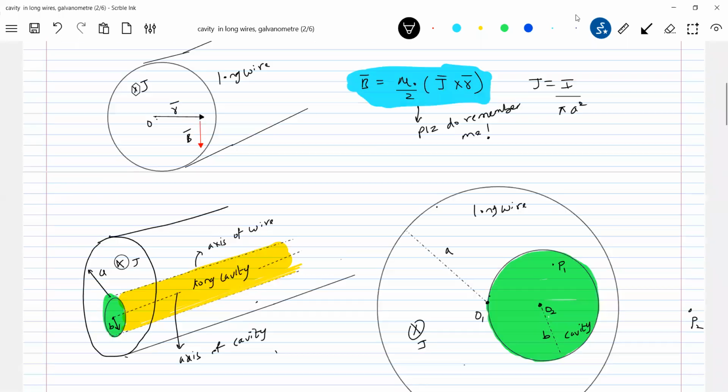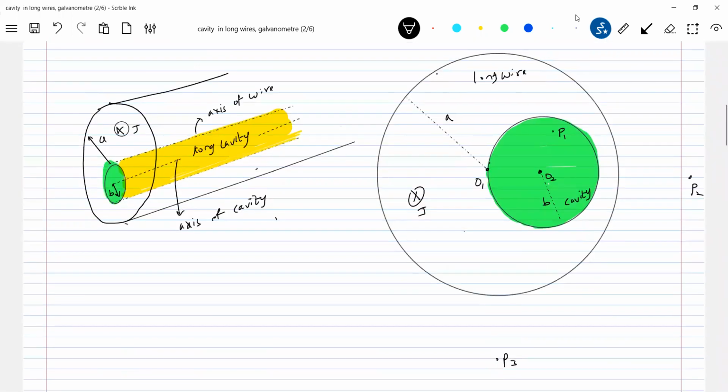Let's take help of this one. So what are these cavity problems? What is the mechanism involved in this?